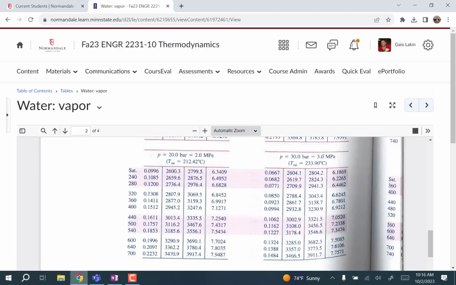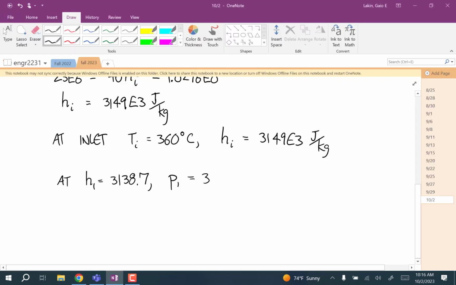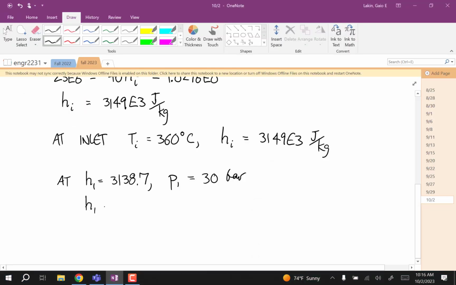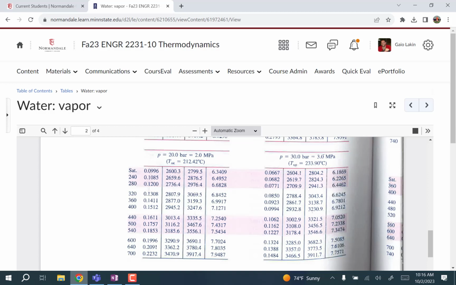The corresponding pressure is 30 bar. And at a specific enthalpy of 360, 3159.3, this is H2. The pressure is 20 bar.